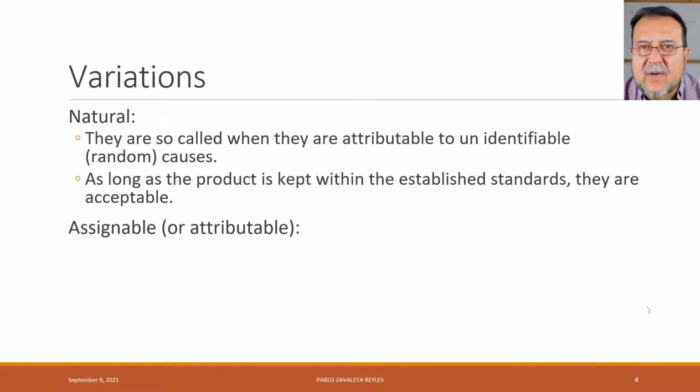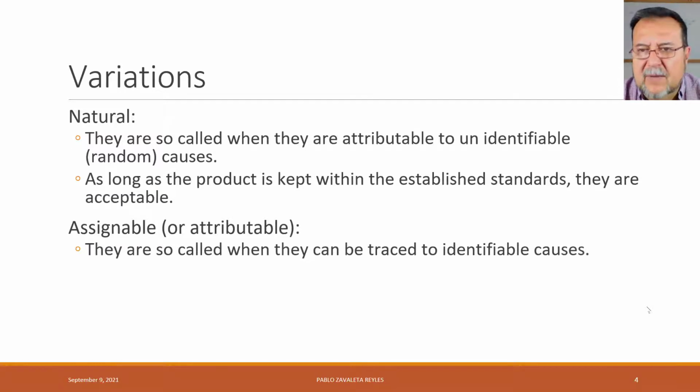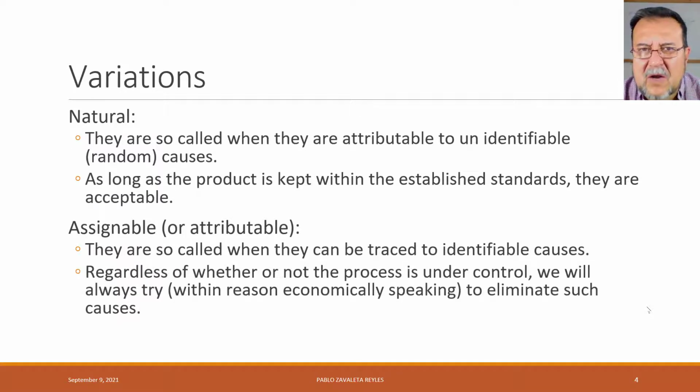And there are the other ones, the assignable or attributable variations. In this case we know where they come from. We don't care too much about where they come from, but since we know about them, we will always try, within economic reason of course, to eliminate these causes. So, with assignable or attributable causes, we try to eliminate them within reason.